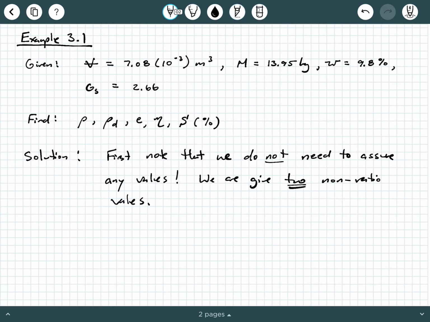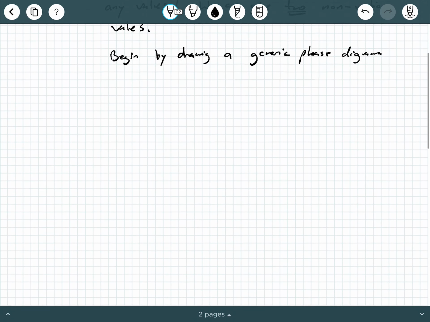The next thing we need to do is begin by drawing a generic phase diagram. That's how we're going to tackle all of our problems.